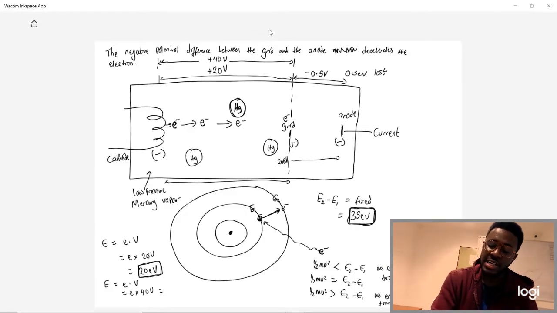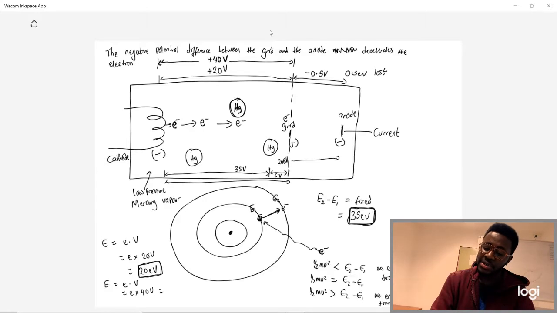So we can think about it in this way. If we have 40 volts, we can divide this potential difference into two regions: the first 35-volt region, and the next 5-volt region.